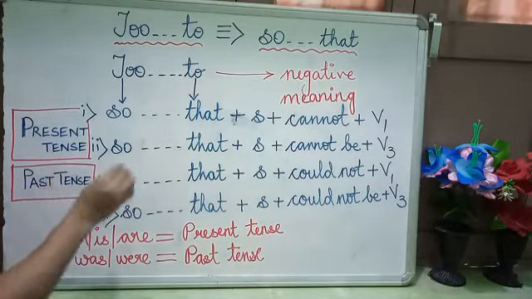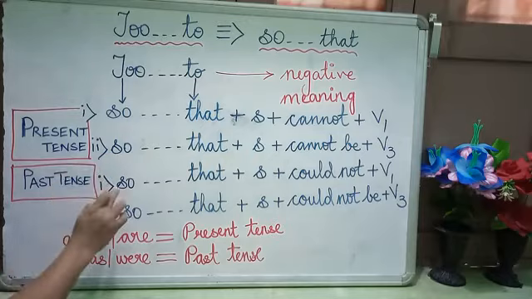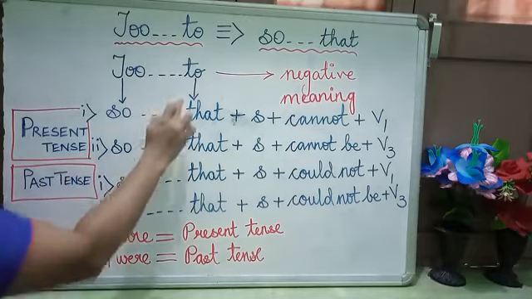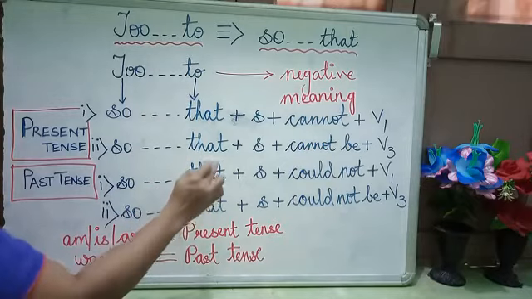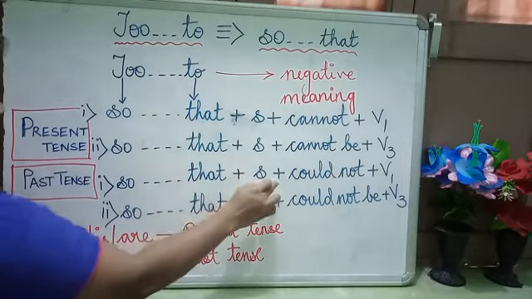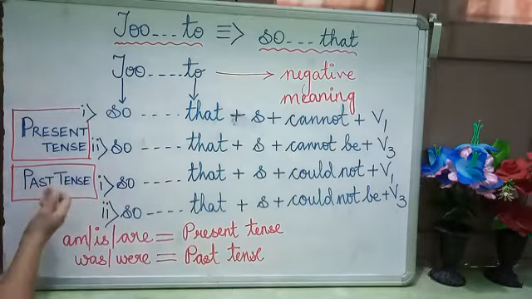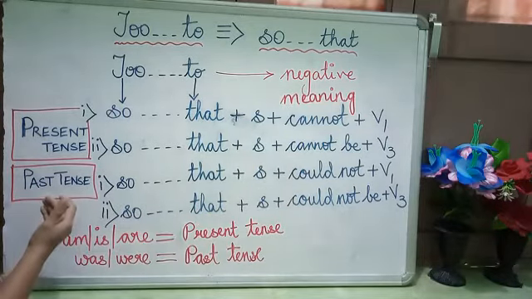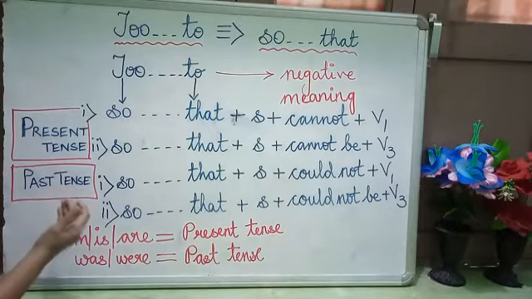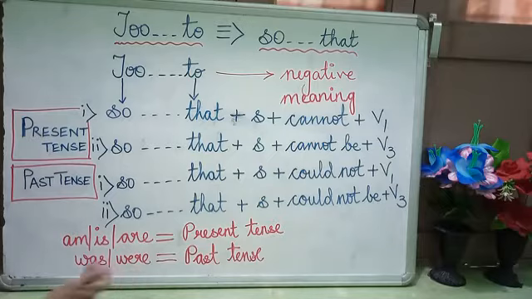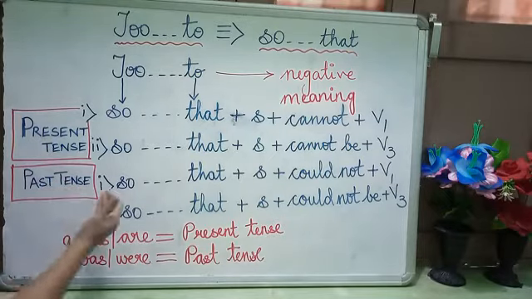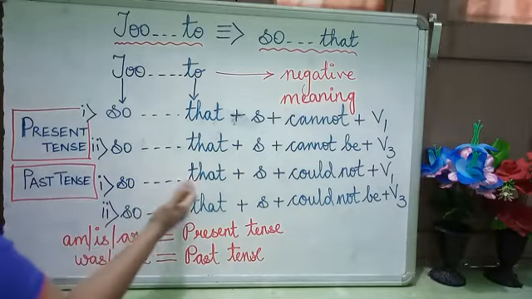The first rule for that is: instead of "to" you will use "so that", then plus subject plus "could not". For past tense you will use "could not". How will you identify whether the sentence is in past tense or not? Seeing the verbs in the sentence, was or were, you will know that the sentence is in past tense. Then you will use this rule.